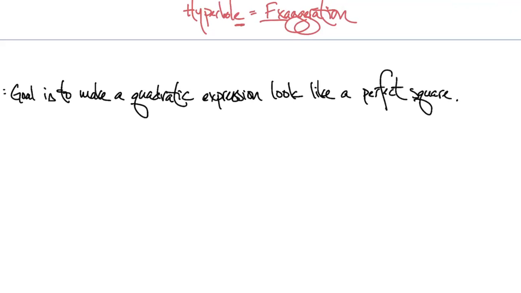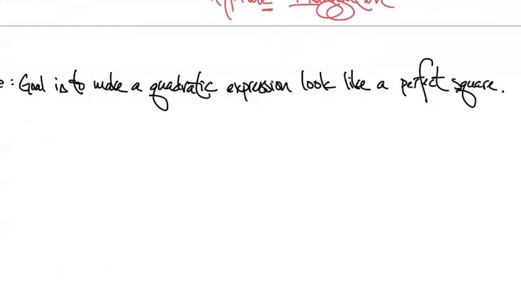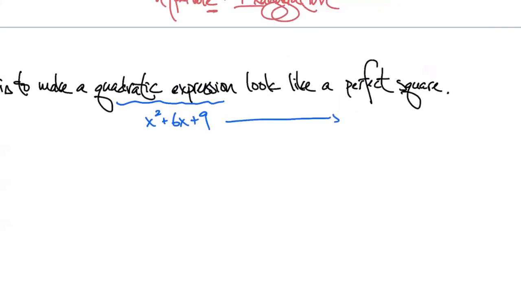All right, we are trying to make a quadratic expression look like a perfect square. And what I mean by that is, let's say we had something like x squared plus 6x plus 9. How would you write that as something squared?